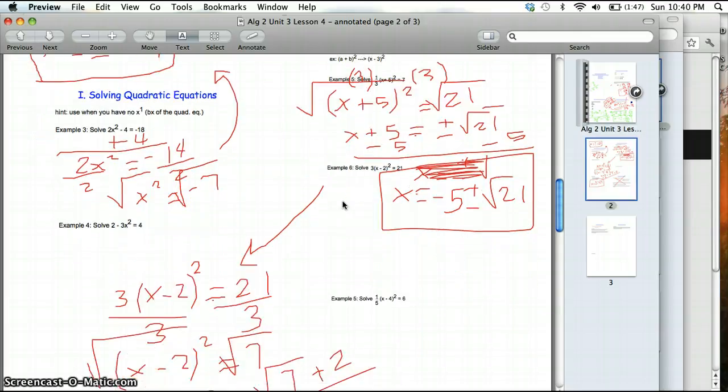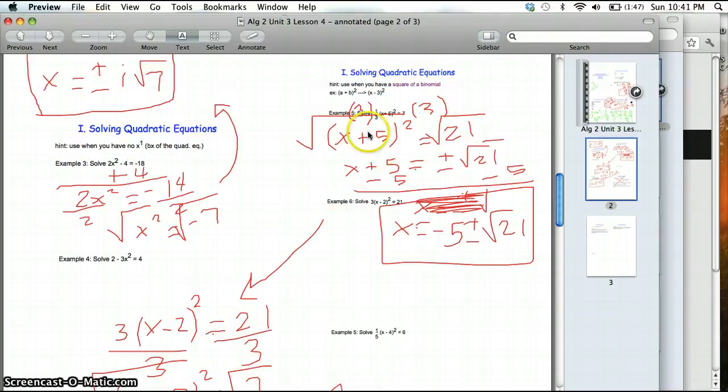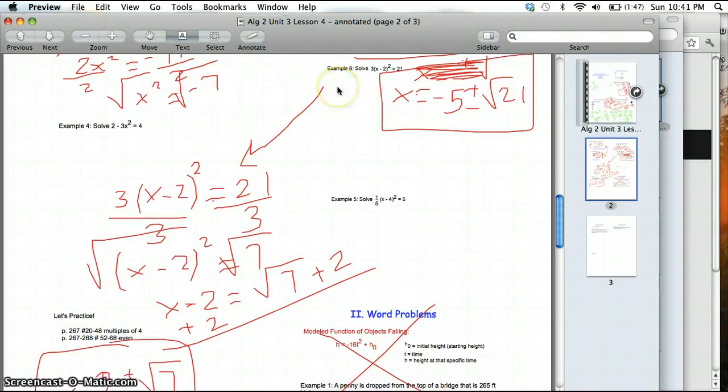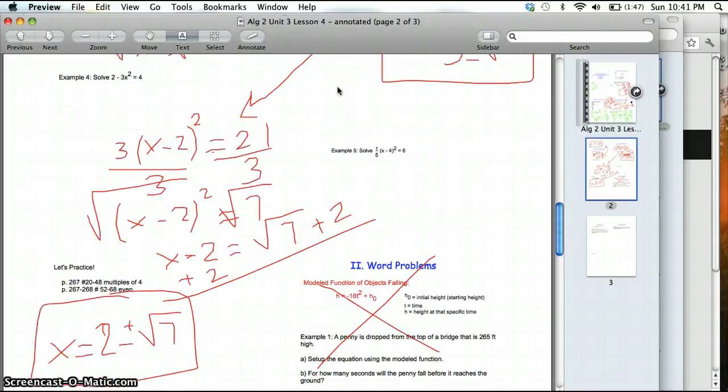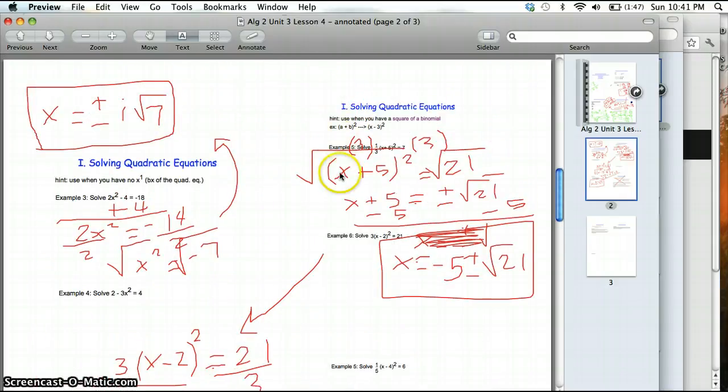All right, so let's go over here to example number 5. My first equation that I'm starting with is 1/3 times x plus 5 squared equals a negative 7. So I went ahead and started this. The first thing I did, if you can see here, is I multiplied by 3 on both sides.